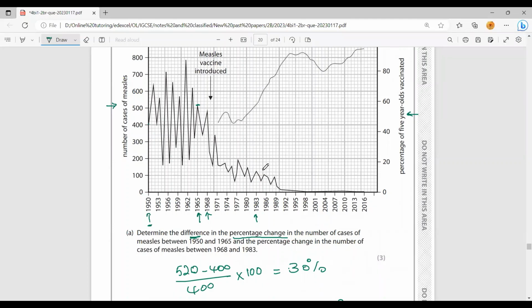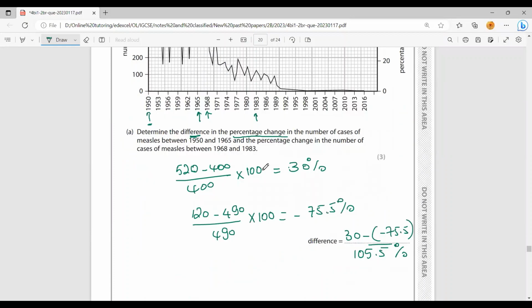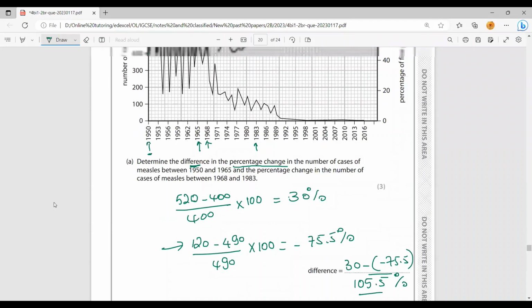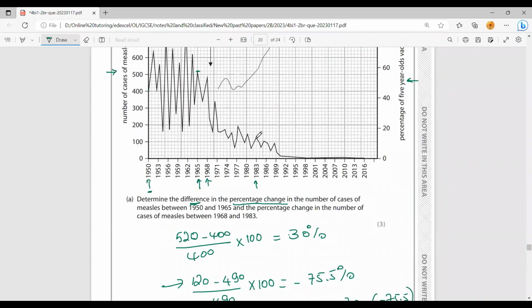Why different numbers? I got 130. I used 130 instead of 120. But I'll tell you something, it's very clear, 120 is very visible.